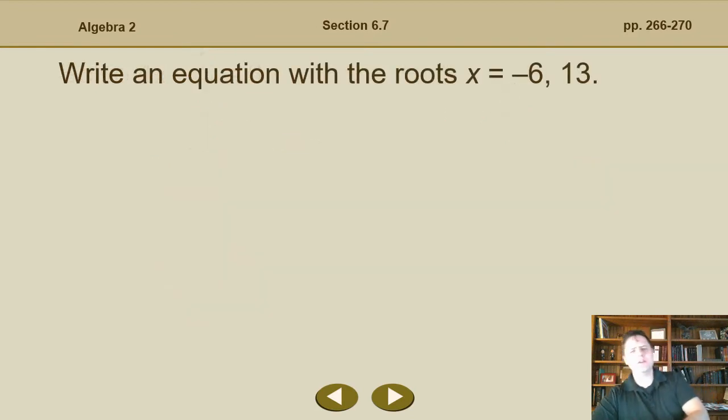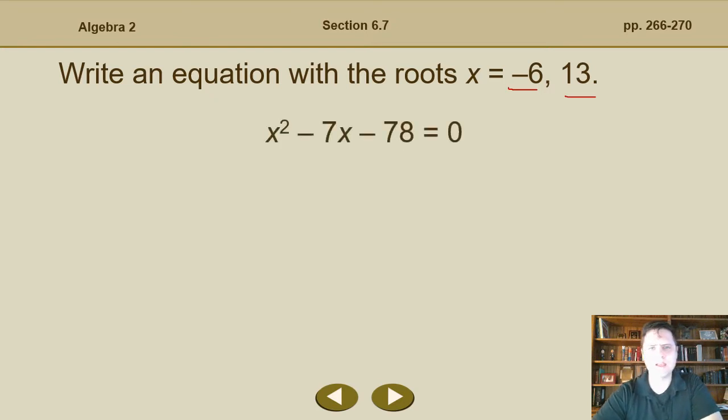All right, so if we are given something like this, where it says write an equation with the roots x equals negative 6 and 13, remember the roots are just the opposites of these signs if we're writing the binomials.